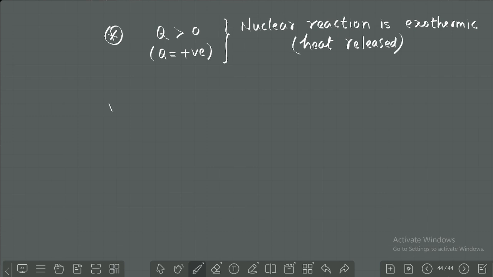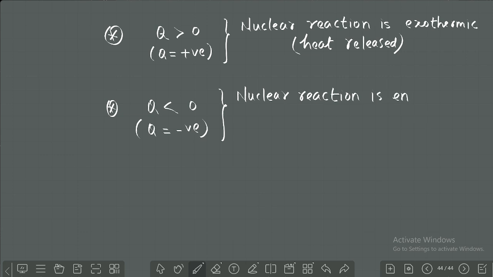Similarly, if Q value is less than 0, then Q is negative. Here the nuclear reaction is endothermic. So here heat energy is absorbed, while in the other case it is released.